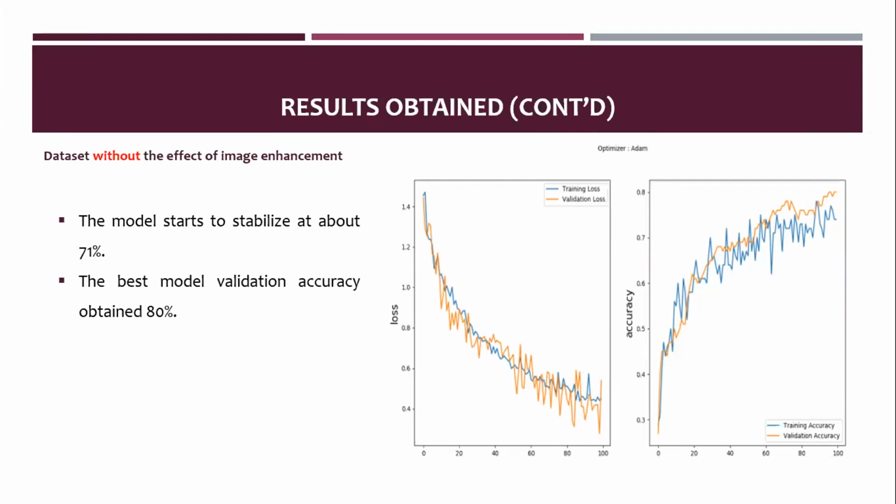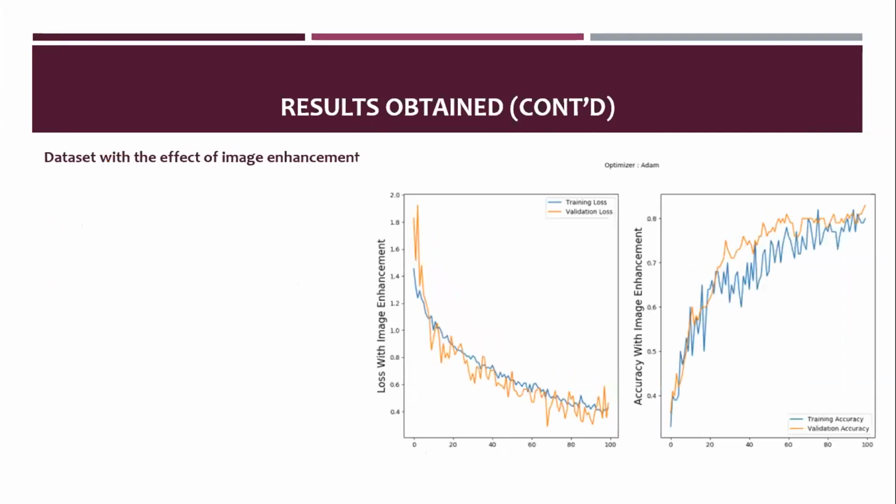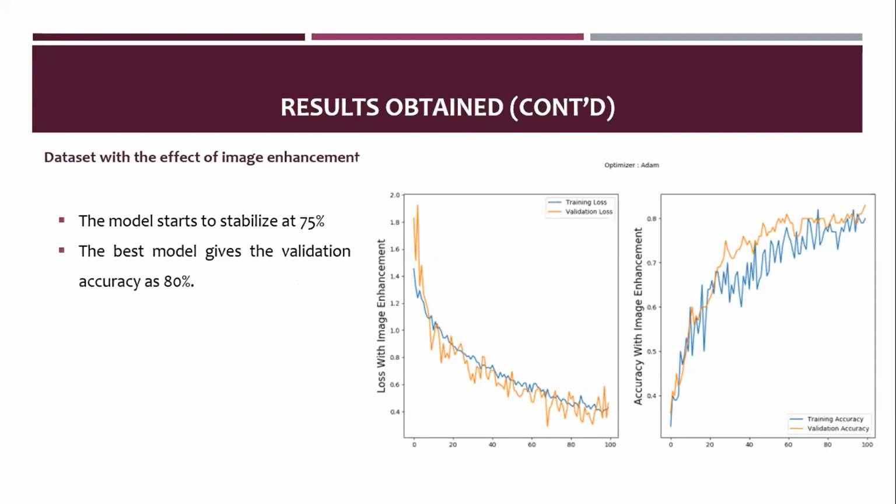This is the result we obtained without the effect of image enhancement. And then now to the results with the effect of image enhancement. The model started stabilizing at 75%, and then it can make actual predictions at 80%. The difference in stabilization is 4%, and the difference in best model validation is 3%.